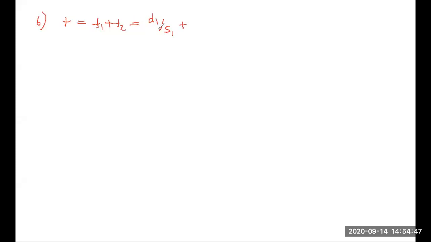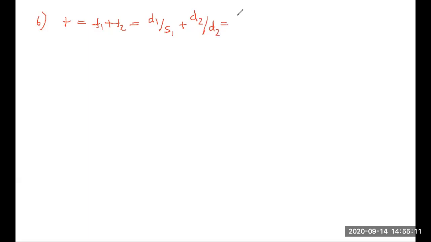Anyway, so the time for the first stage is the distance traveled divided by the speed. Look, just think whether this makes sense. The greater the distance, the more the time. That's obviously true. The greater the speed, because it's in the denominator, the less time. That's obviously true. So it's the right way around. And then the same thing for the second stage of the trip.